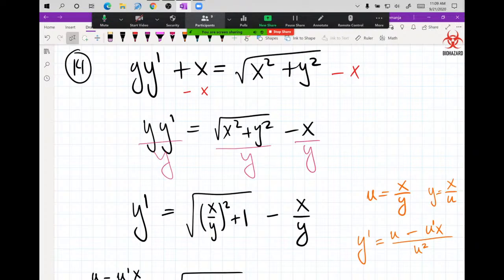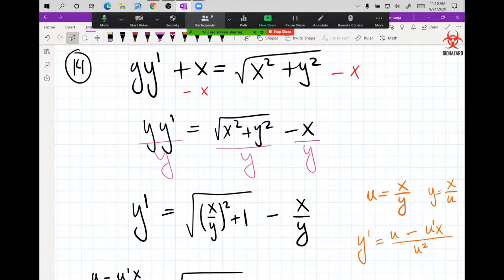When y goes under the root, it picks up a square, so it becomes x over y squared, and then y squared divided by y squared is 1. And then we have x over y. So both are x over y, and we make that into a u, and then we solve it for y, where you get x over u.